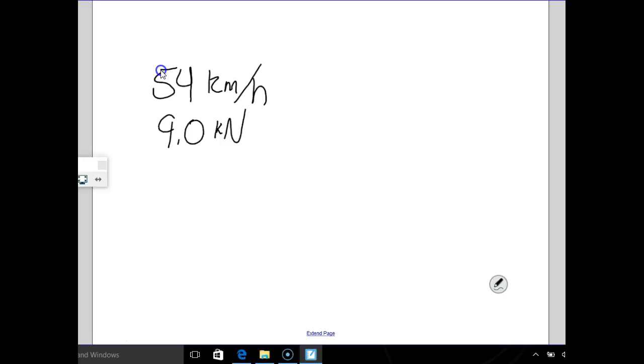What power does the motor produce in kilowatts? So what we're looking for is power in kilowatts. So we figured out what we know and what we're looking for.